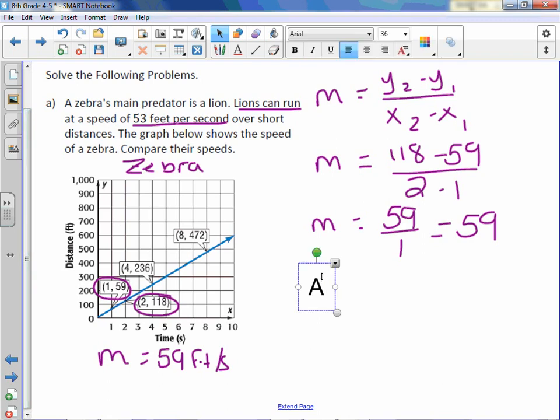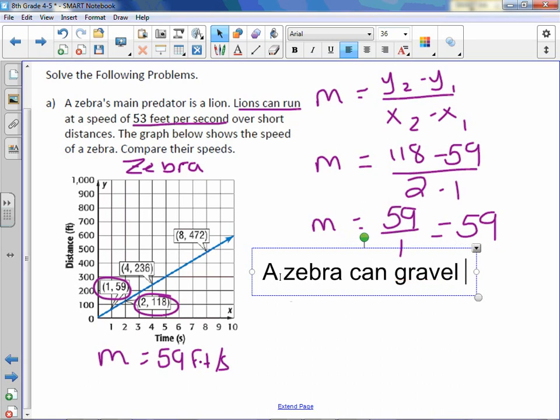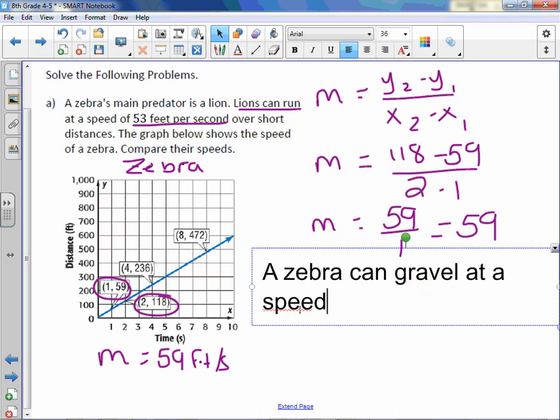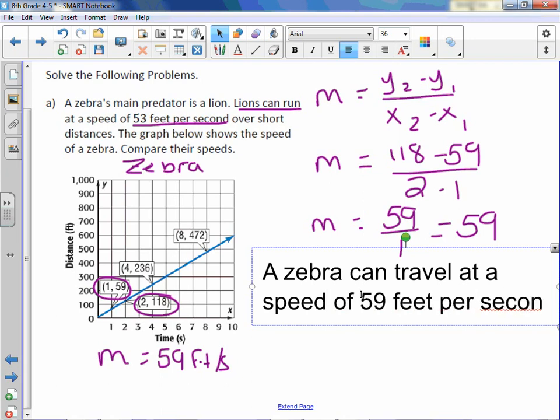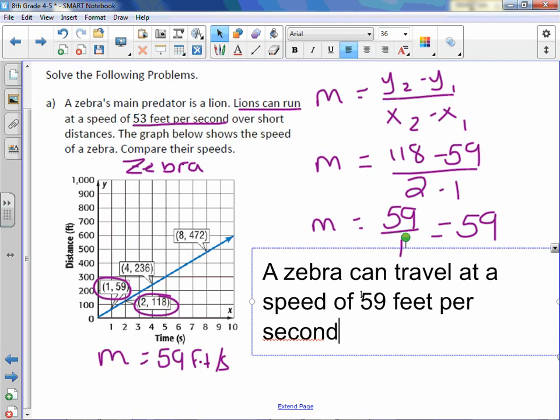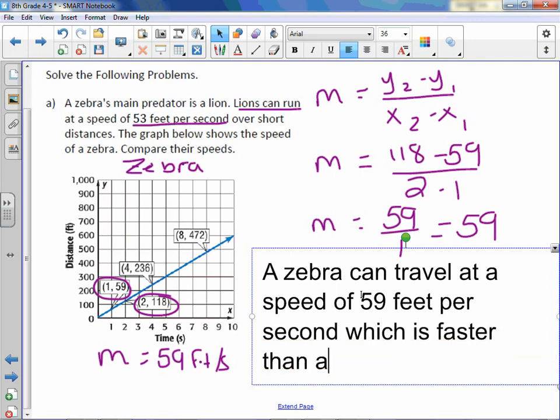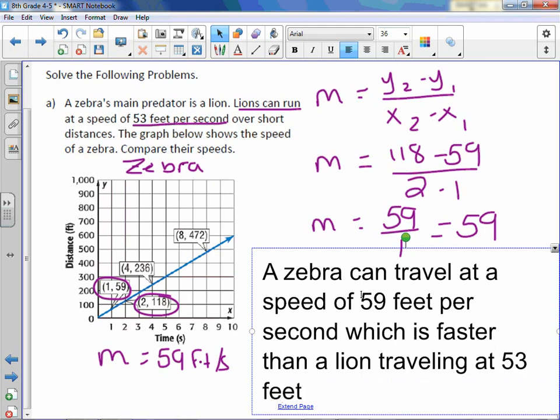So we can start by saying that a zebra can travel at a speed of 59 feet per second, which is faster than a lion traveling at 53 feet per second.